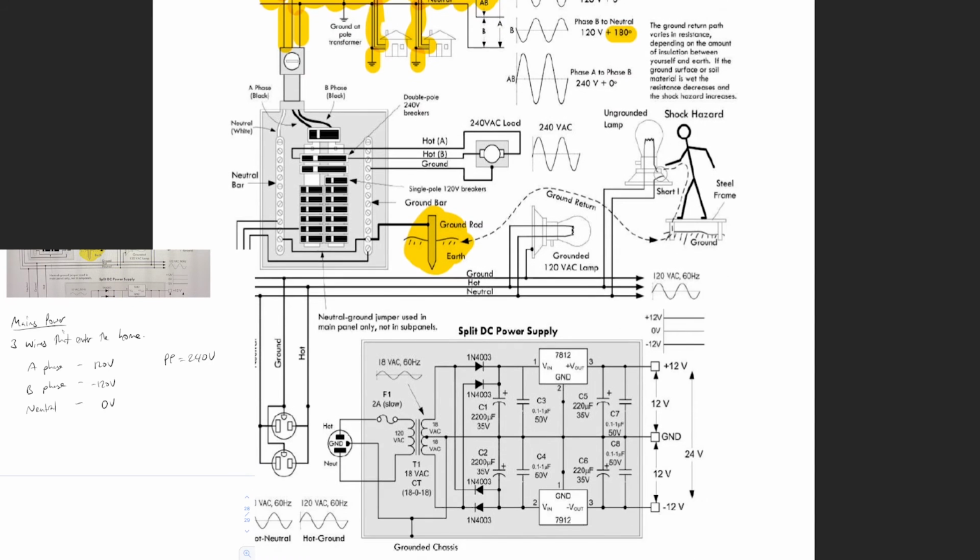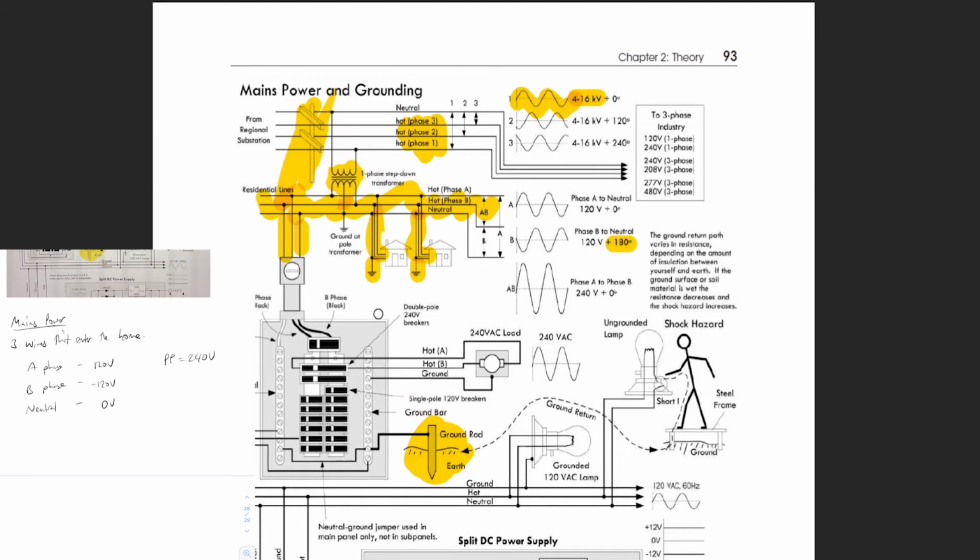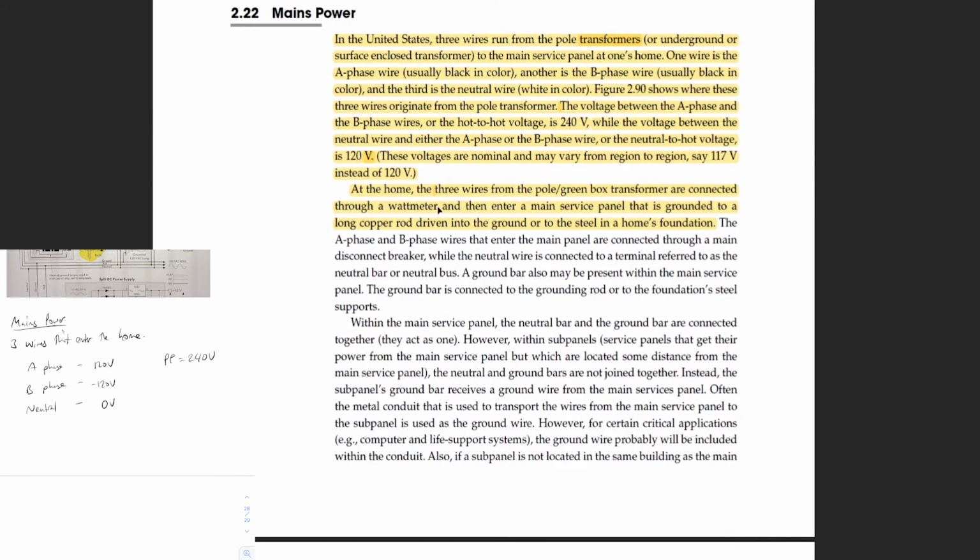Neutral, neutral bar, ground bar, and then 240-volt load, ground return, ungrounded lamp, shock hazard. Okay, that's fine. There's no watt meter that I can see here, but I get it if by watt meter they mean our electric meters that tell us how much usage we used, that would make sense, I think.